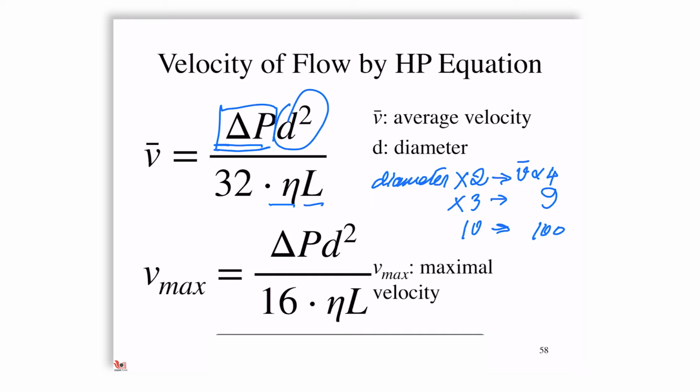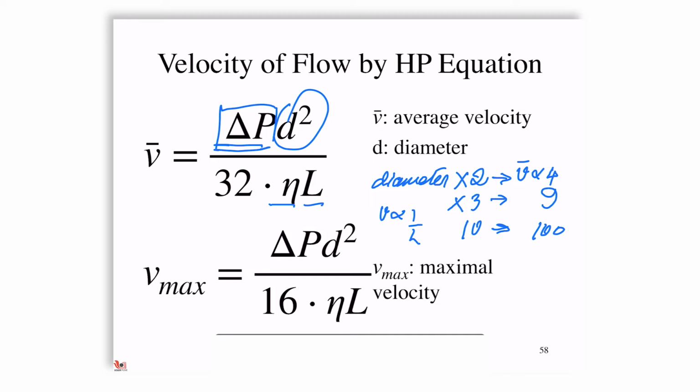Anyone who has used a hose pipe to water plants or been in a farm, you know this, right? Intuitively. At the same time, an increase in the length only results in an inverse proportionality to flow velocity, all other parameters being constant.